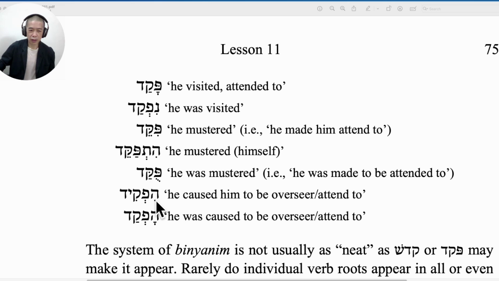For Hifqid, this is the Hifil form. It means he caused him to be overseer or to attend to. For Hufqad, this is the Hofal form. It means he was caused to be overseer or attend to.